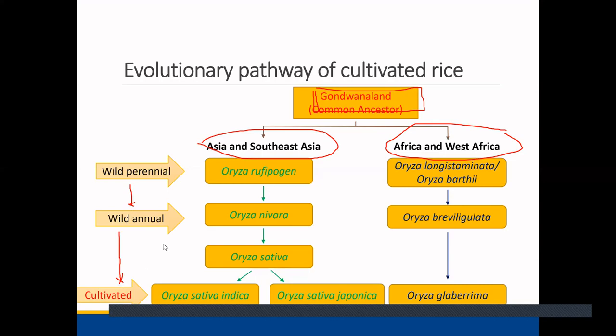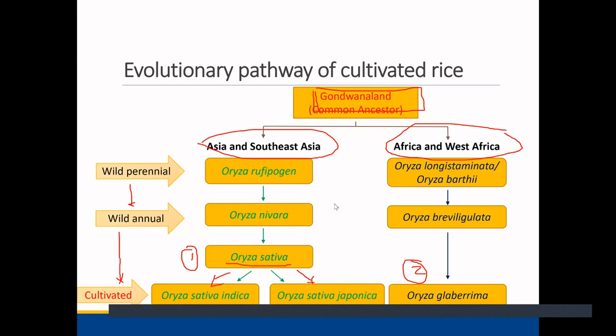There are two cultivated species. One is in Asia, that's Oryza sativa. The second one is in Africa, that's Oryza glaberrima. In Asia, the Oryza sativa species has two types: Oryza sativa indica, and the second one, japonica.